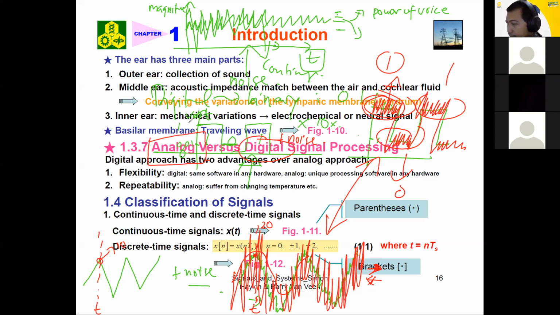That's why in our daily life we are very much familiar with systems that process the digital signal compared to the analog signal. Even though there is also much existing analog signal processing.